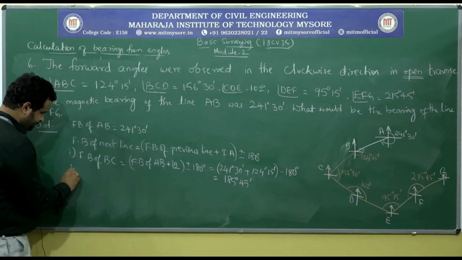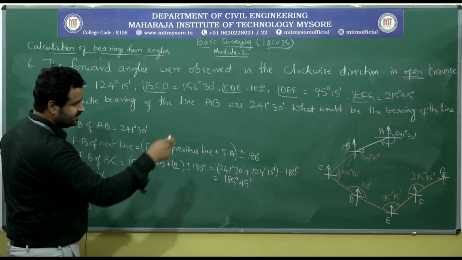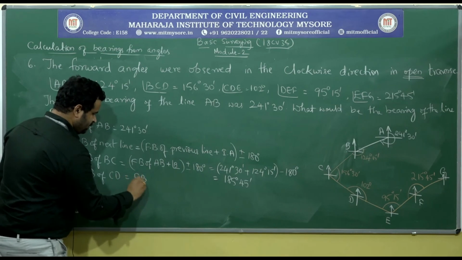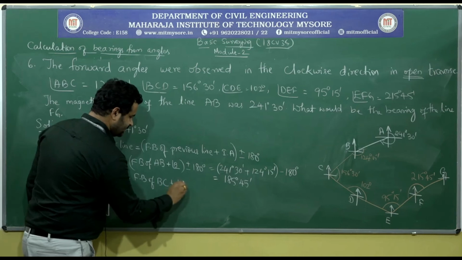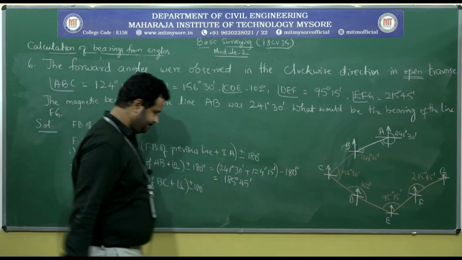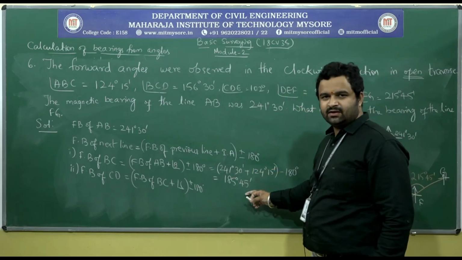Next, forebearing of the line CD is equal to forebearing of BC plus angle C plus or minus 180. Now, what is the forebearing of BC? It is 185 degree 45 minutes.